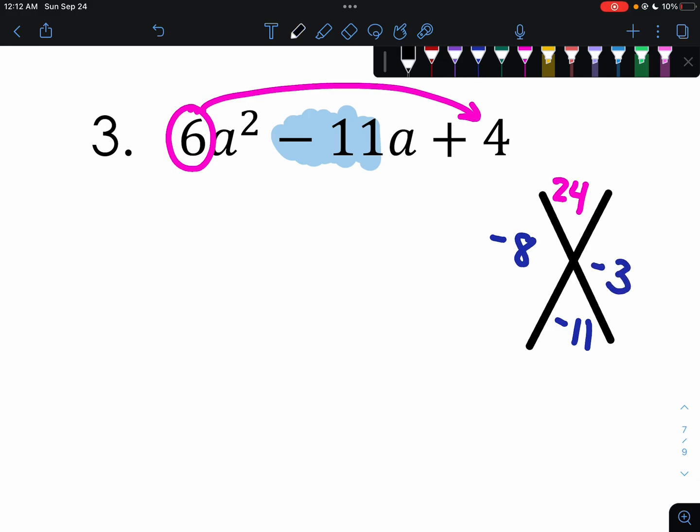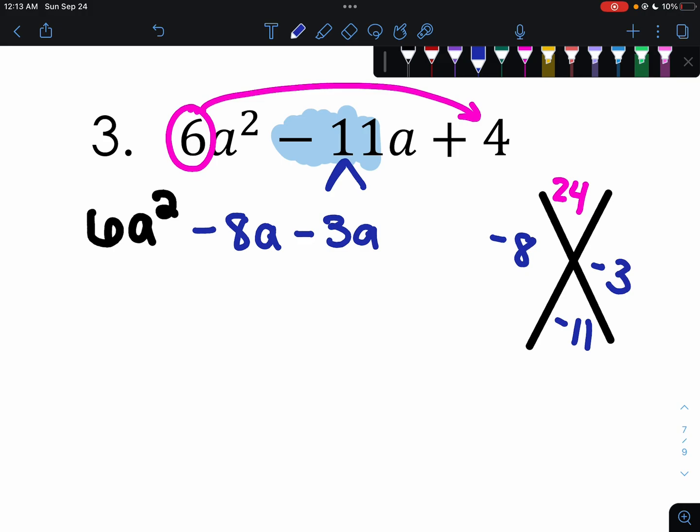So now with this, what we do is we take everything except that middle term, and that middle term we're going to split into a -8a and a -3a. So it gets split into two different terms. That still adds to give us that -11, and then we have the +4 at the end.